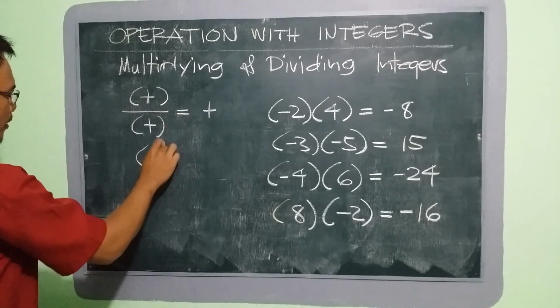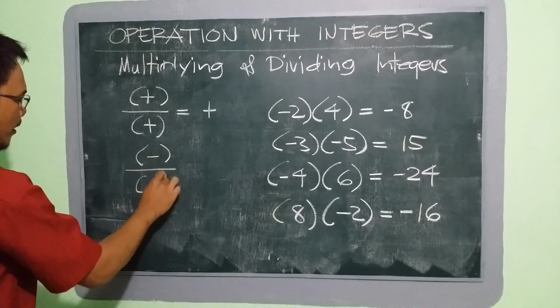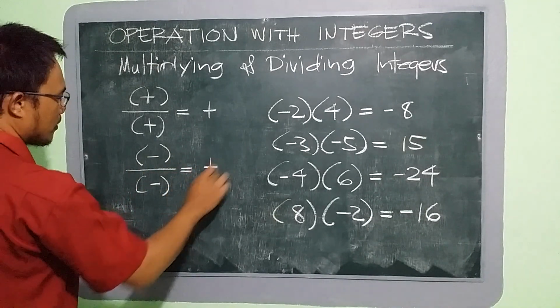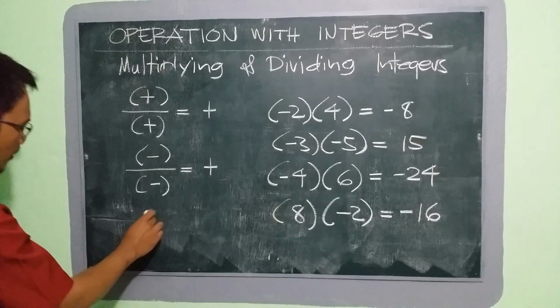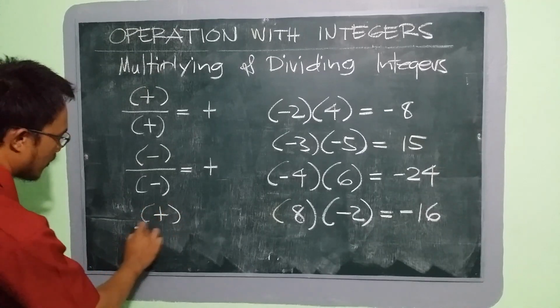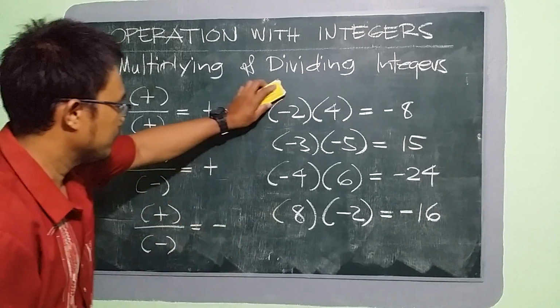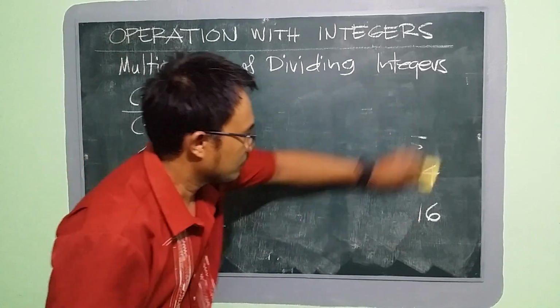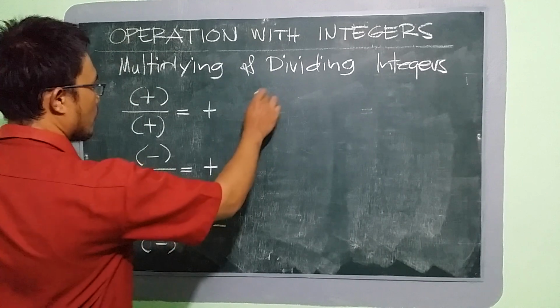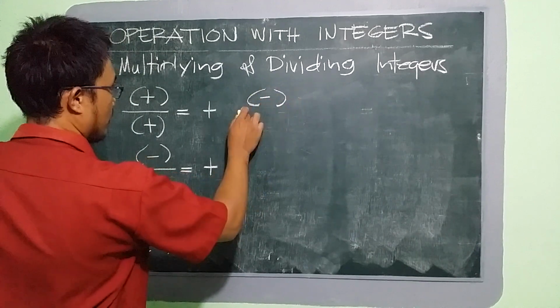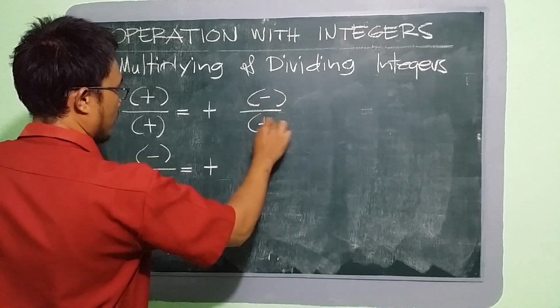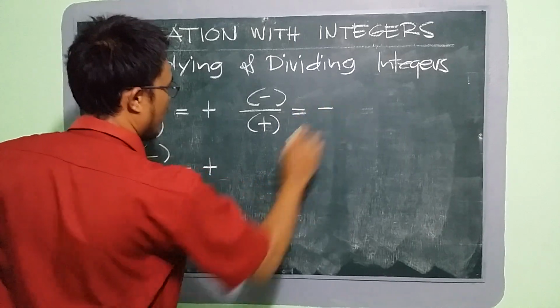If you have a negative number divided by a negative number, the result is positive. If you have a positive number divided by a negative number, the result is negative. And lastly, if you have a negative number divided by a positive number, the result is also negative.